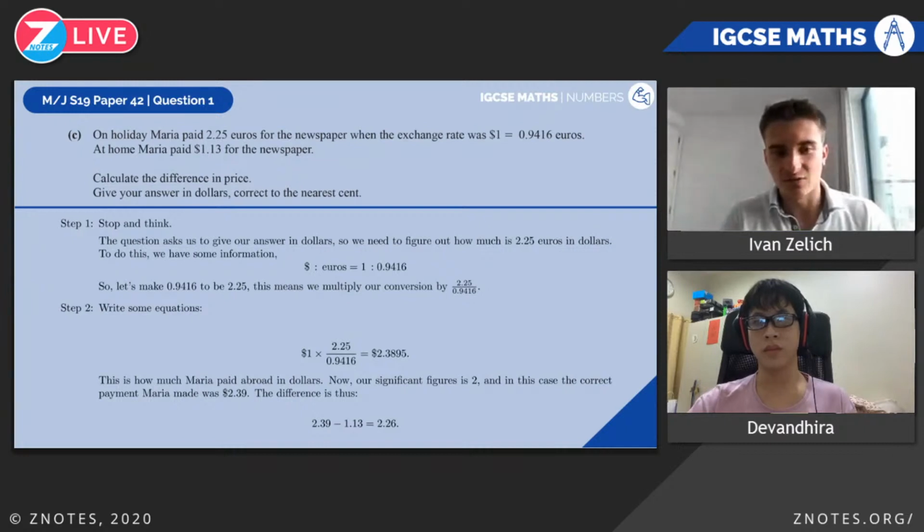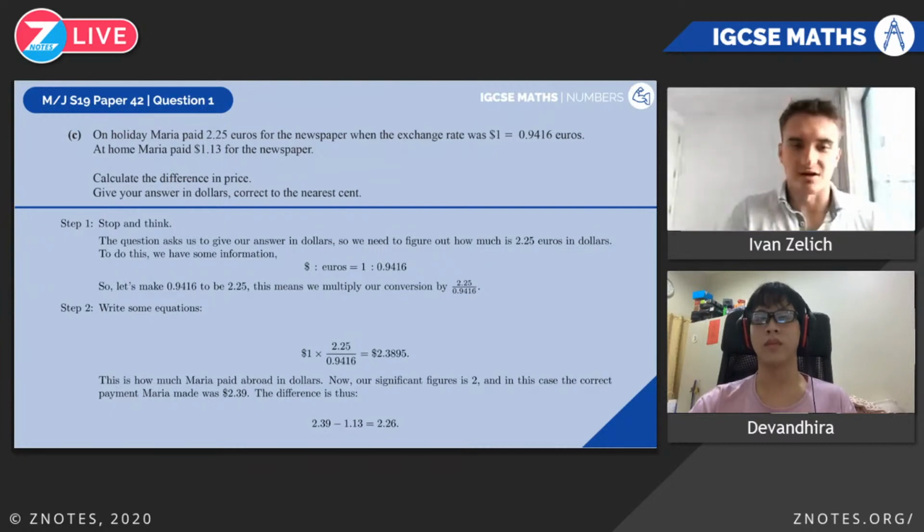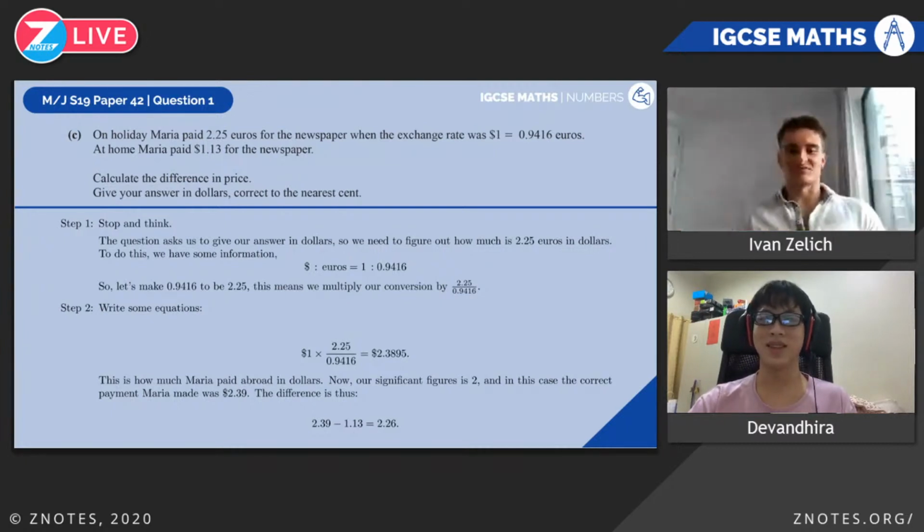So that's just $2.39. And the difference will be 2.39 minus 1.13, which is 1.26. Sorry, there's a little typo there. But yeah, the difference is 1.26, and that's our answer.